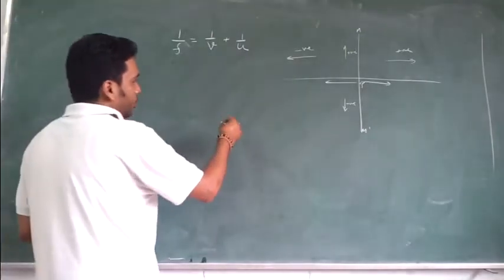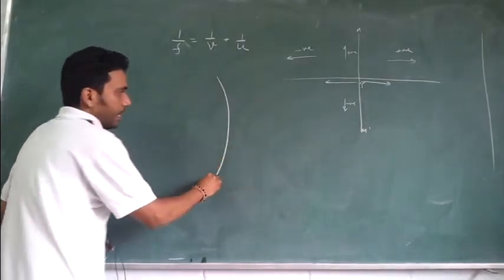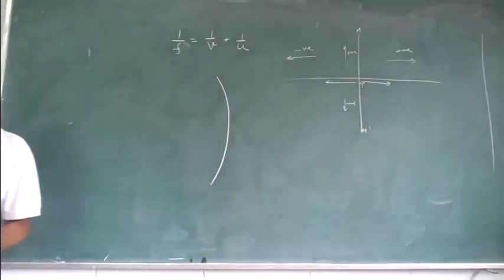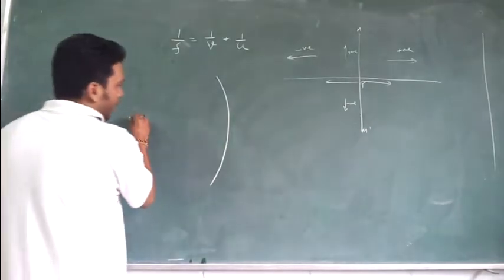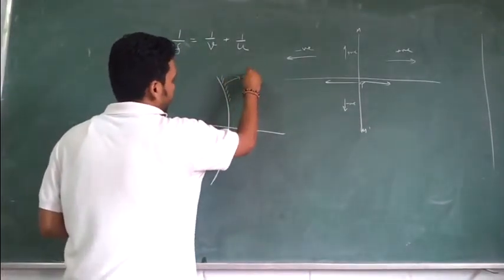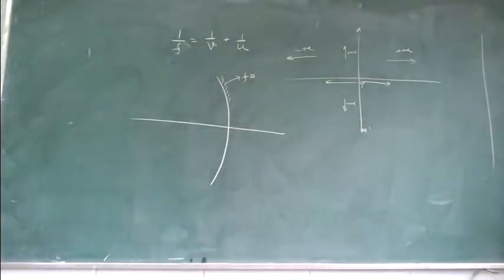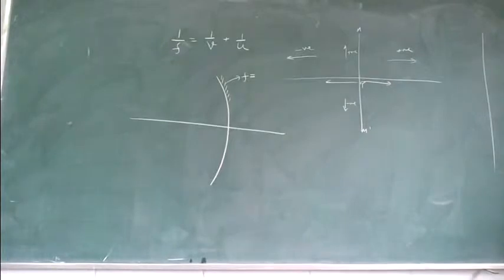Now, let me do a very simple question using the sign convention and see whether my answer comes correct or not. I have a concave mirror whose focal length is given to be, say, 20 centimeters. Now can you tell me whether this 20 itself is plus or minus?